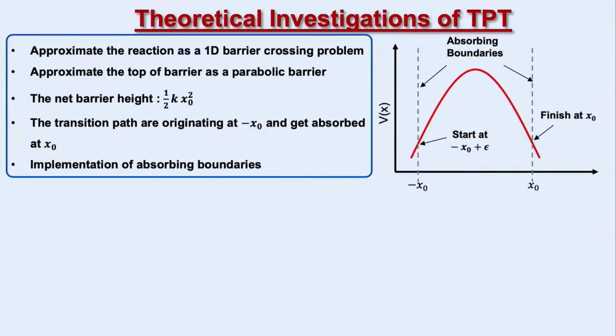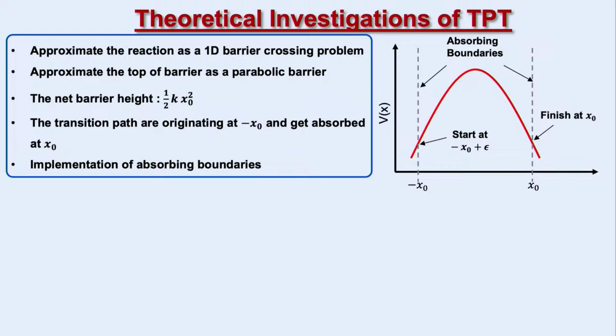To look into the dynamics of the system, to make life simple, one approximates the reaction as a 1D barrier crossing problem and approximates the top of the barrier as a parabolic potential. This barrier is symmetrically placed between minus x0 and plus x0.